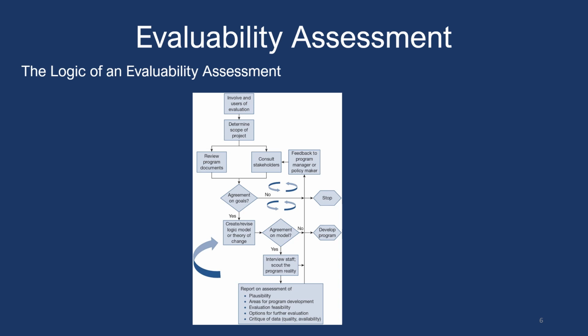From there, we'll have a sense for whether or not the program documents, the stakeholders, everybody involved agrees on the same goals for the program. And here's where you start to reach your yes, no's, continue, don't continue, red light, green light moments. If people don't agree on the goals, it's time to stop, it's time to backtrack, it's time to modify and fix some things.